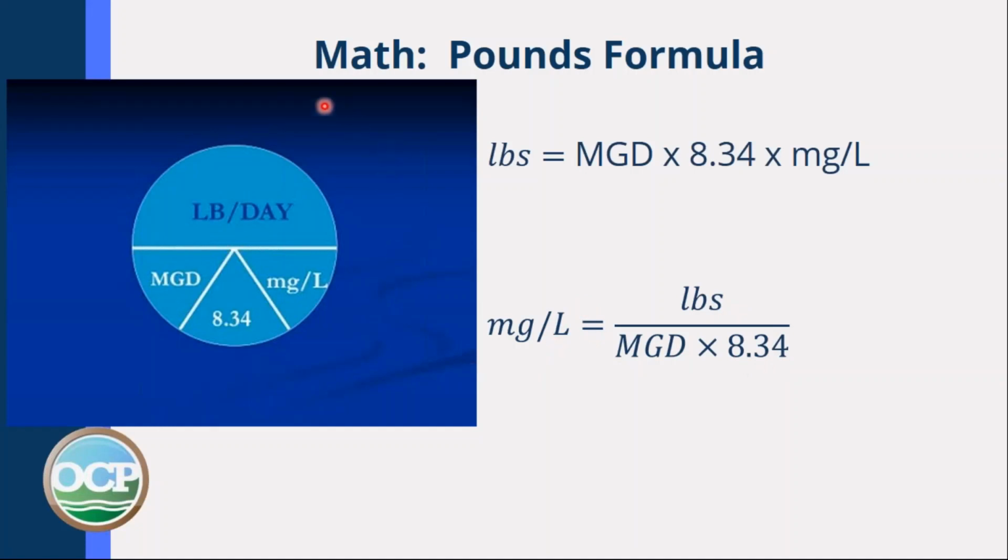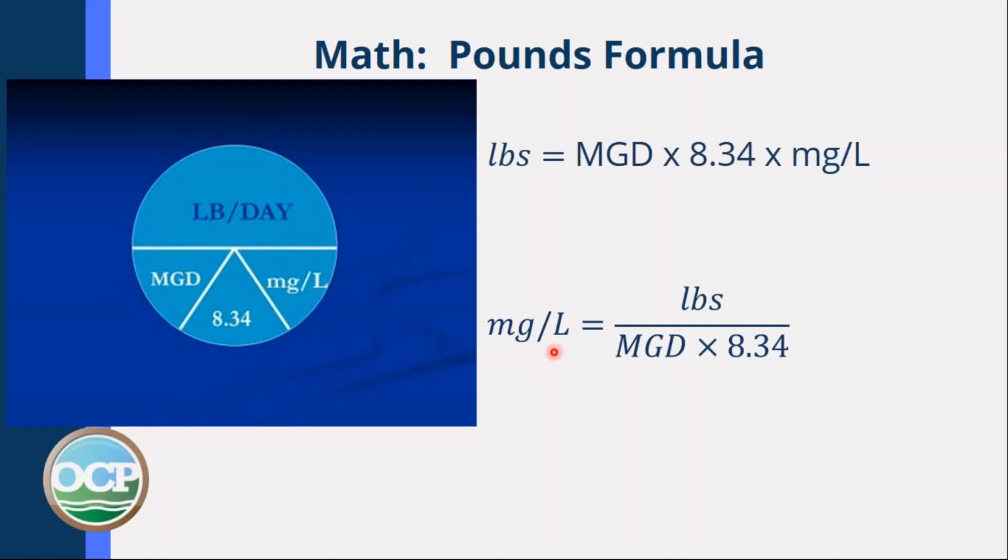And if you look at this formula, you can look at this line here as either a dividing line, like you see it here, or an equal sign, like you see it here. So pounds per day equals million gallons per day, or flow or volume, times, those diagonal lines can be the multiplication symbol, 8.34 times milligrams per liter.